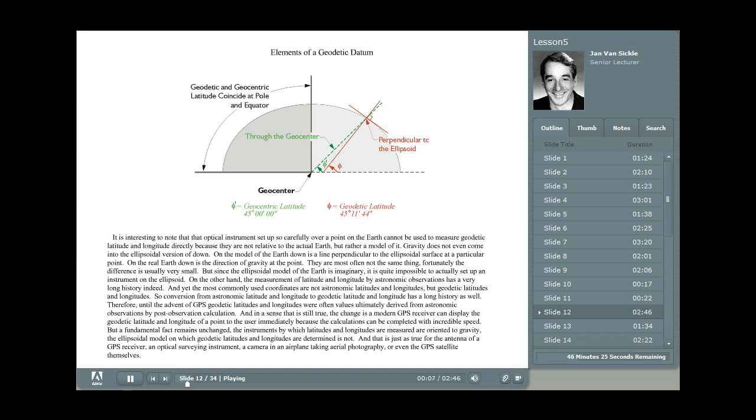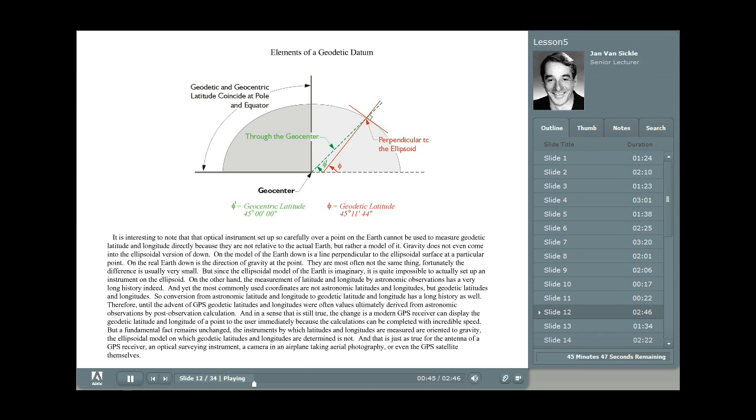It's interesting that an optical instrument set up over a point on the Earth can't really measure geodetic latitude directly, because the latitude and longitude that is measured in geodetic latitude is based upon this ellipsoidal model of the Earth. Gravity doesn't come into it. On the model of the Earth, down is the line perpendicular to the ellipsoidal surface at a particular point. On the real Earth, down is the direction of gravity at the point.